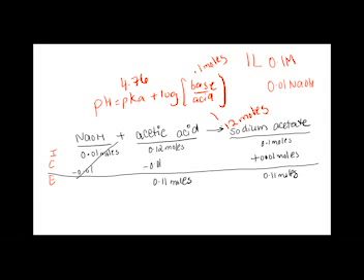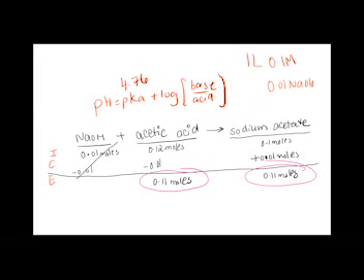And then we take these numbers and plug them into the Henderson-Hasselbalch equation. So the new equation would be 4.76 plus log of 0.11 over 0.11.